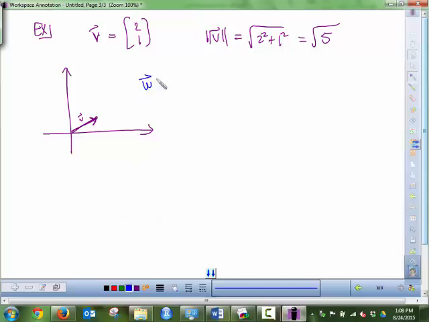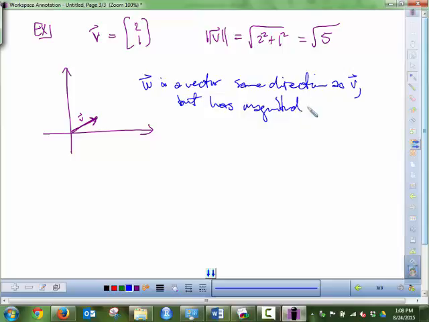So w is a vector, same direction as v, but has magnitude equal to 10.